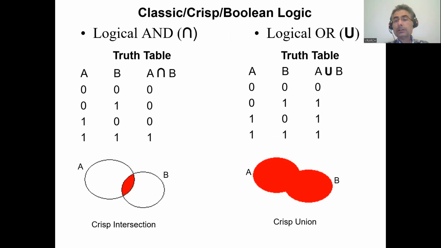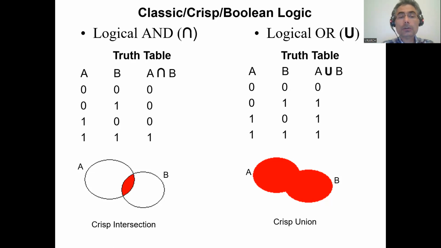Okay, let's recap. I'm sure most of you are familiar with the crisp logic or Boolean logic, and all its operations. If you look at the Boolean logic AND operation, all the values need to be 1 for the outcome to be 1, otherwise it is 0.